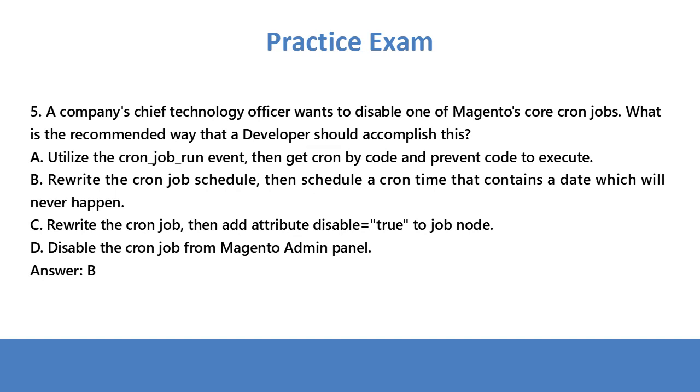B. Rewrite the cron job schedule, then schedule a cron time that contains a date which will never happen. C. Rewrite the cron job, then add attribute disable equals true to the job node. D. Disable the cron job from the Magento admin panel. Answer: B.